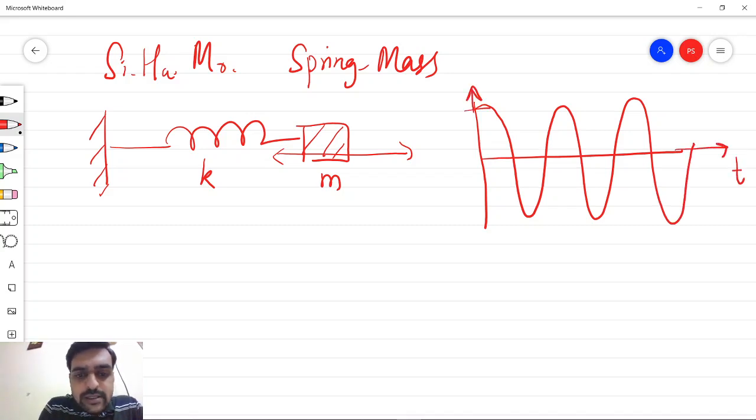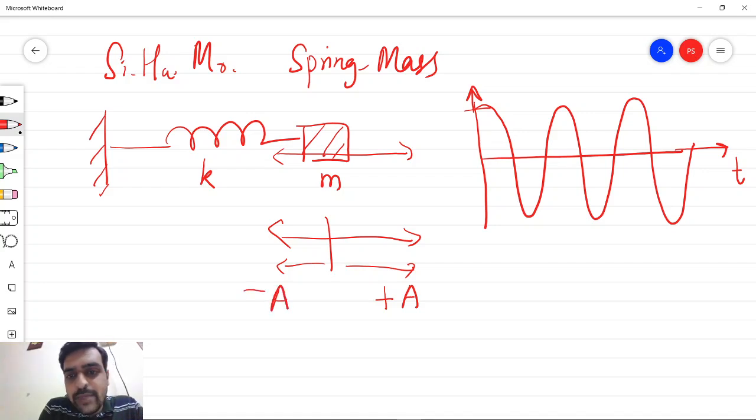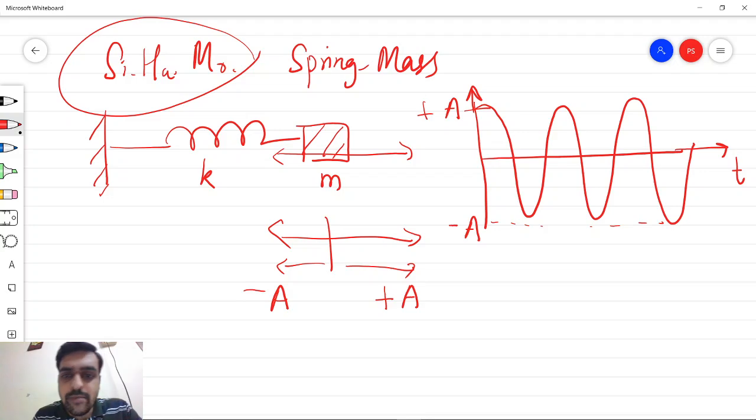So the mass is displaced to and fro between two maxima, plus a and minus a, which is the amplitude of the motion, and these oscillations are sustained forever. This is a typical example of simple harmonic motion.